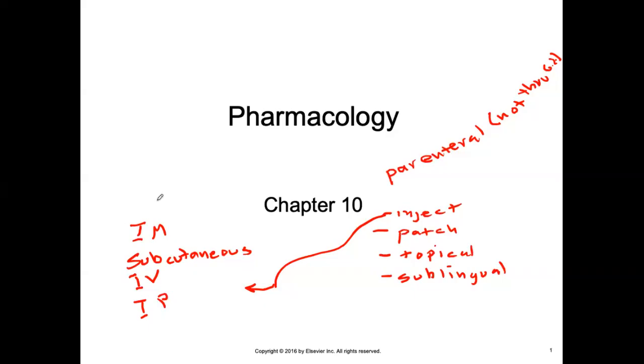So what is IM? IM is intramuscular, which means directly into muscle tissue, and then you let it be absorbed. A lot of drugs that are non-polar are injected intramuscularly, and then they absorb slowly into the blood vessels.